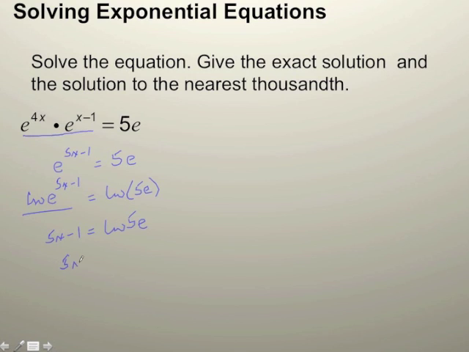So 5x equals 1 plus the ln of 5e, and x will equal 1 plus ln of 5e divided by 5. That is my exact solution, and I find out that x is approximately equal to 0.722.